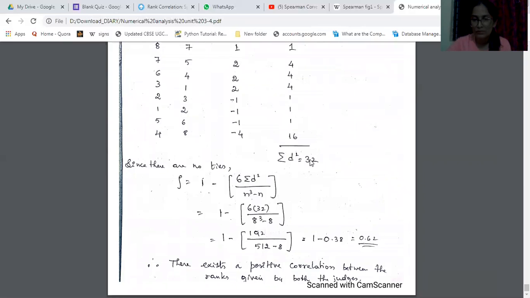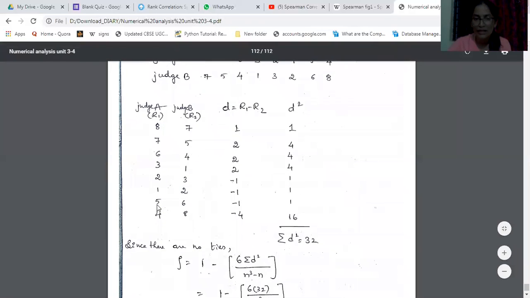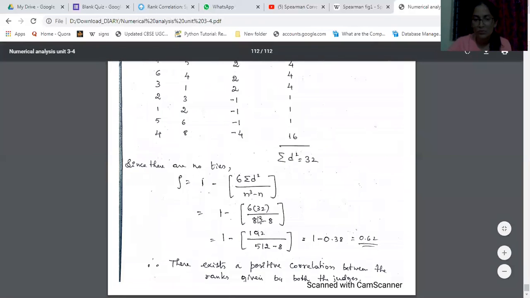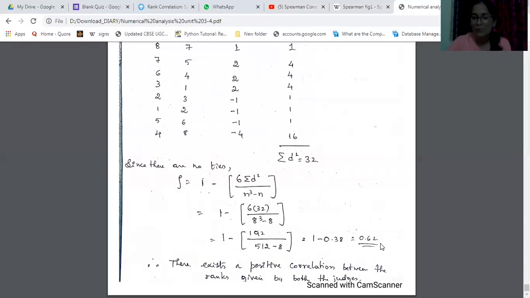Sigma d square is 32, so 6 into 32 divided by 8 cube minus 8. N is 8 because there are 8 data elements here. So it is 1 minus 6 sigma d square divided by n cube minus n. That's the formula. When you apply the formula, you will get the value 0.62. So you can say that there is a positive correlation between the judgments from judge A and judge B.